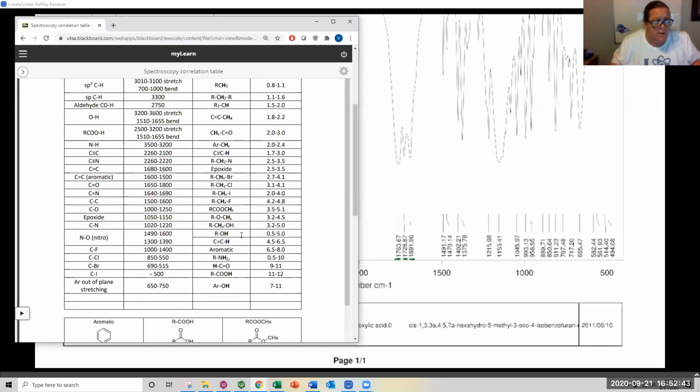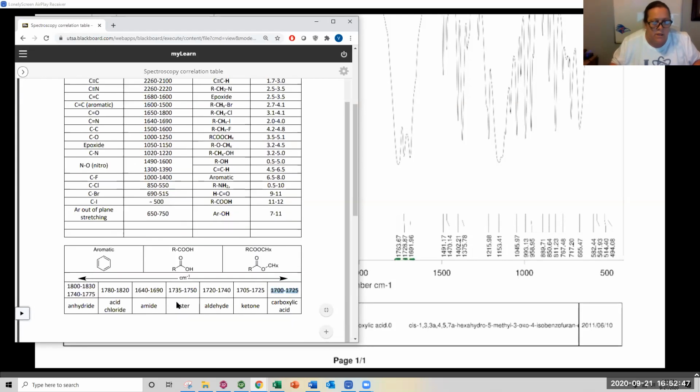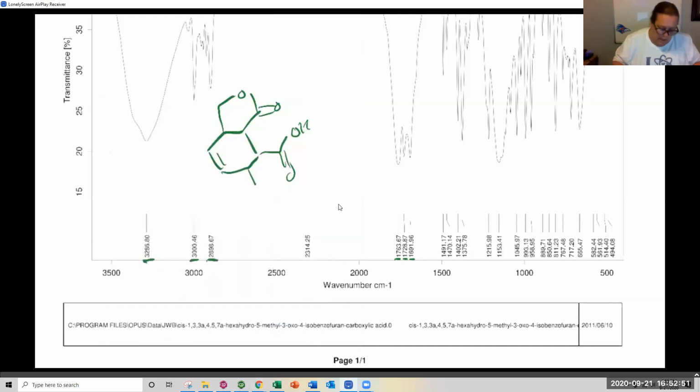And then the other one, again, look at what do I have? What functional groups do I have besides a carboxylic acid and an ester? I have carbon-hydrogen, I have sp2 and I have sp3. I have carbon-carbon double bonding. I have the OH stretch of the carboxylic acid. So make sure you mention those.